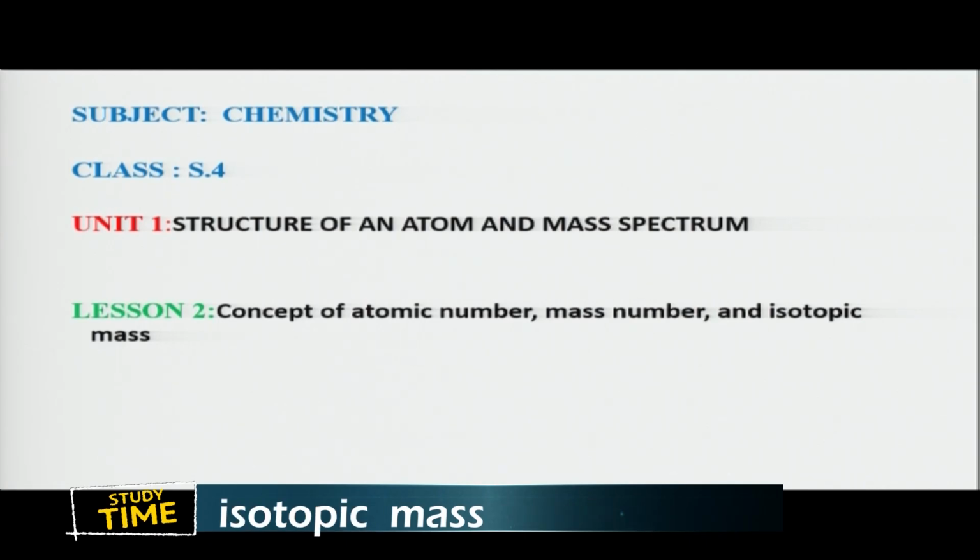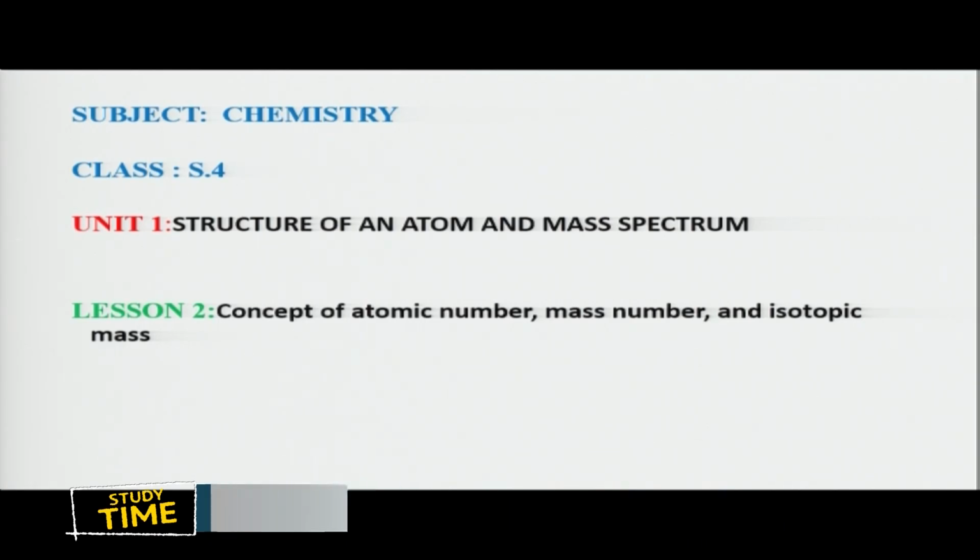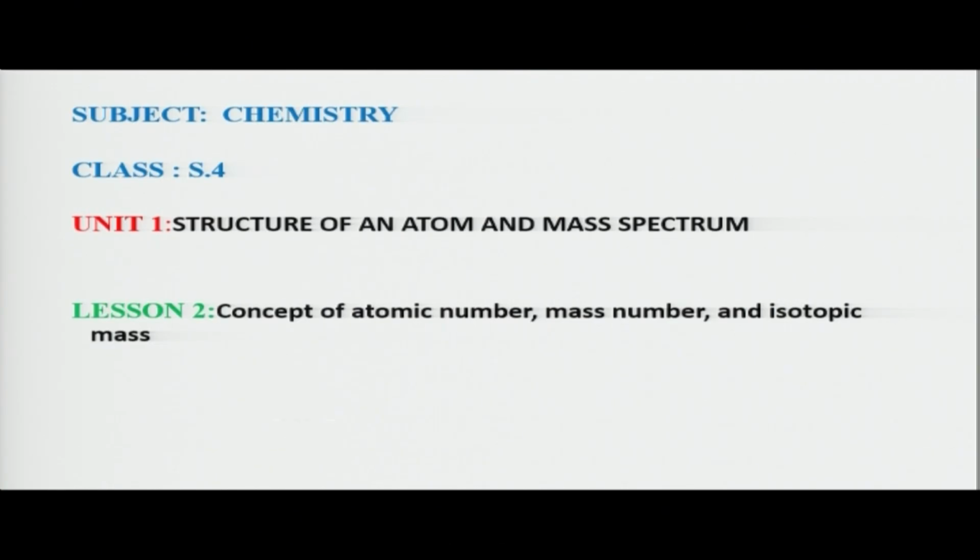So who can define for us the term atomic number from our O-level work? We said atomic number is actually the number of protons. What about mass number? Mass number is the number of protons and neutrons in an atom of any element.